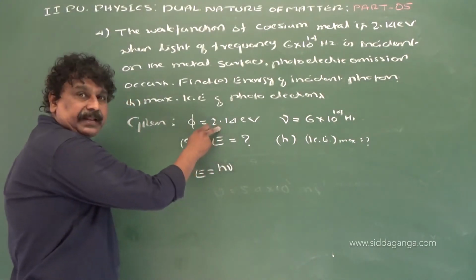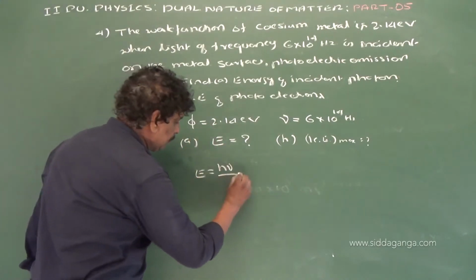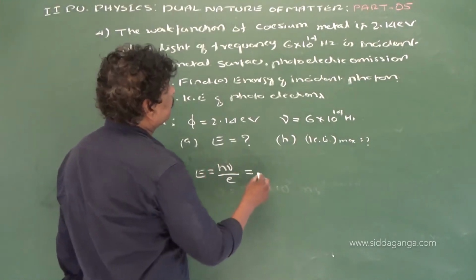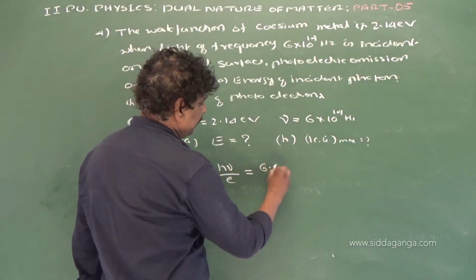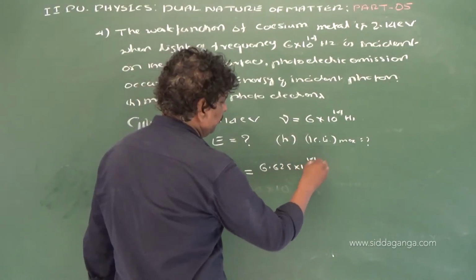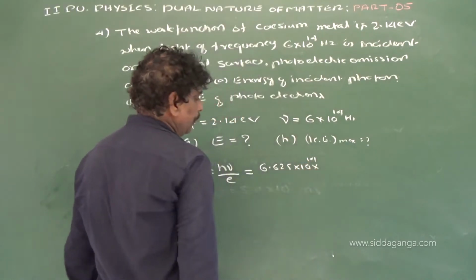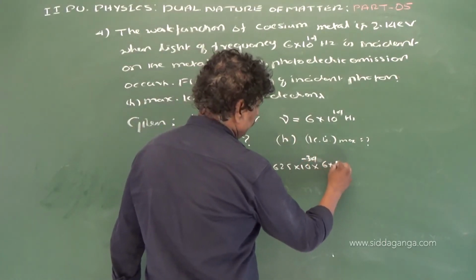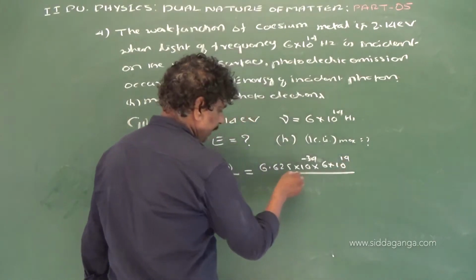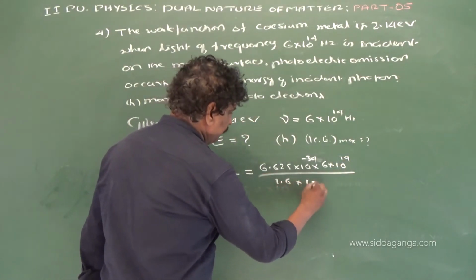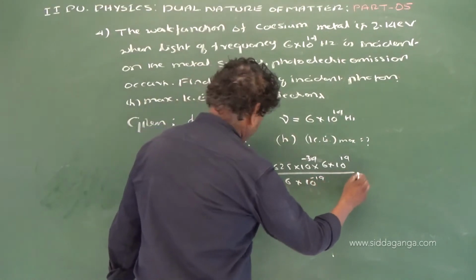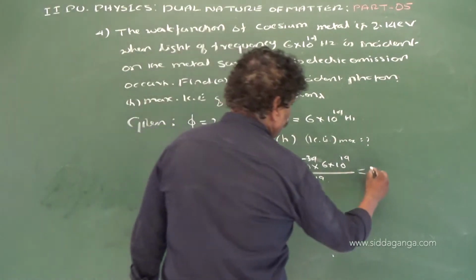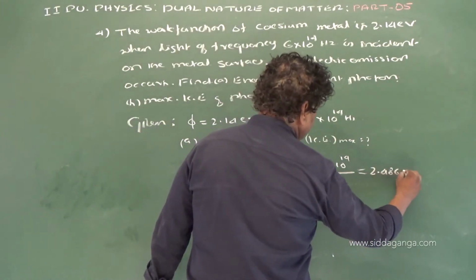Now we have E is equal to h nu. Since phi is given in terms of electron volt, we find this in terms of electron volt. E is equal to h nu by e, that is 6.625 into 10 power minus 34 into 6 into 10 raised to the power of 14 divided by 1.6 into 10 power minus 19. Now that comes out to be equal to 2.486 eV.